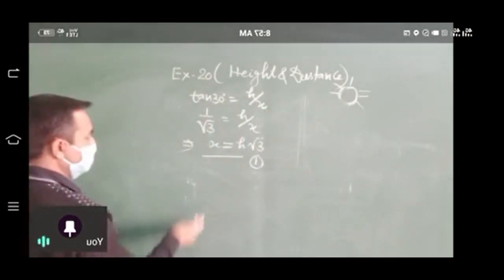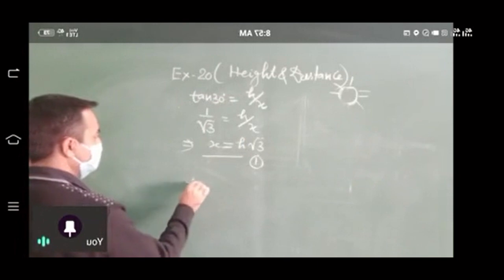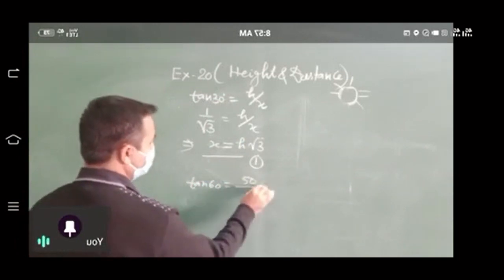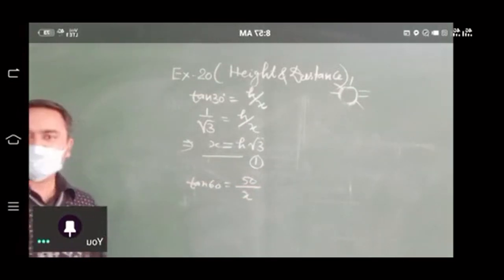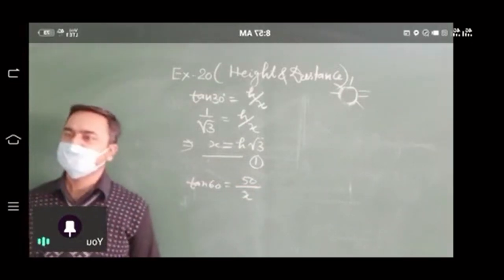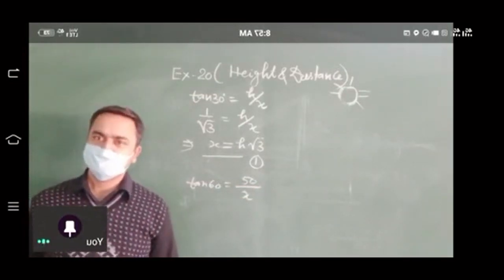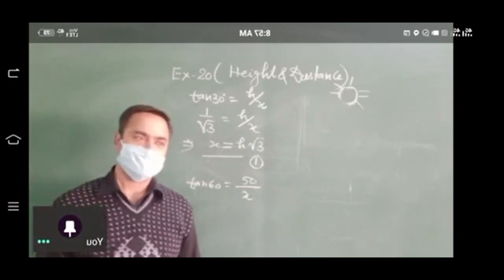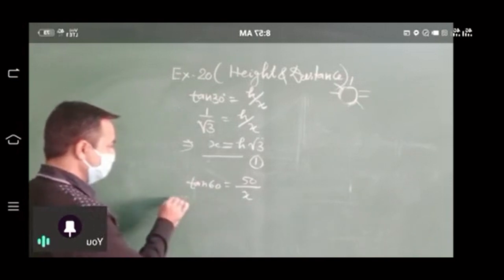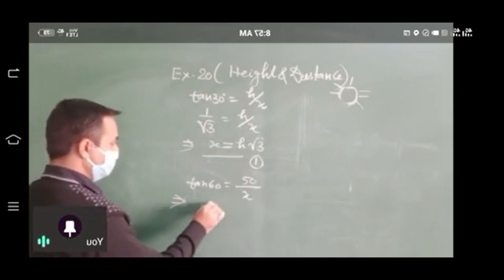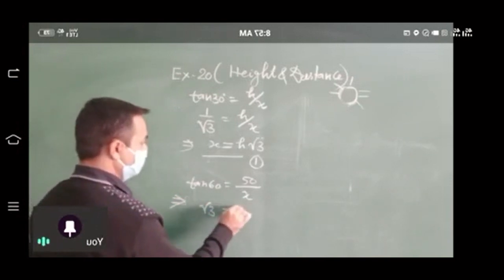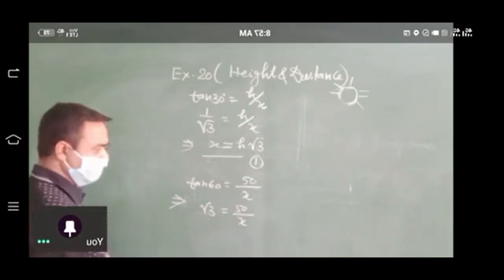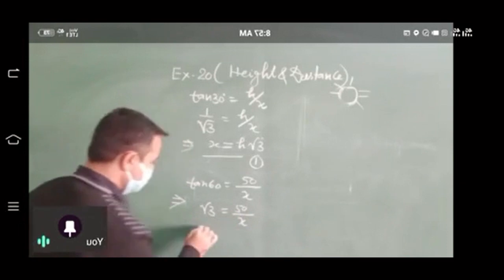If you are taking tan 60 degree, then this is equal to 50 upon x, because the height is 50 and base is x. So tan 60 equals 50 upon x. Now tan 60 is under root 3, equal to 50 upon x. Clear? Here x is what?